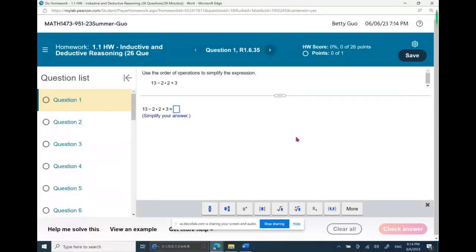The first rule is PEMDAS, and the second rule says if the expression only has additions and subtractions, we go from left to right. The third rule says if the expression only has multiplication and divisions, we go from left to right. So this one we have subtraction, multiplication, addition, and let me know what we do first.